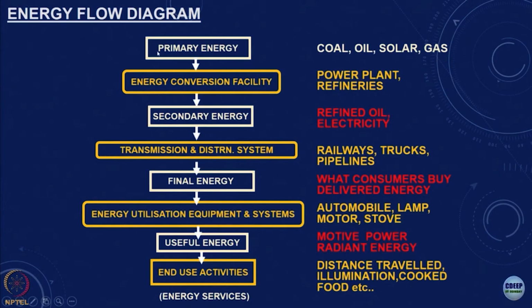We have these different terms: the primary energy, the energy that is available in nature, that gets converted into a form like refined oil or electricity, secondary energy, that is then distributed and is delivered to the consumer. You get final energy. That final energy gives the useful energy, which is used for the end use activity to provide the energy service.